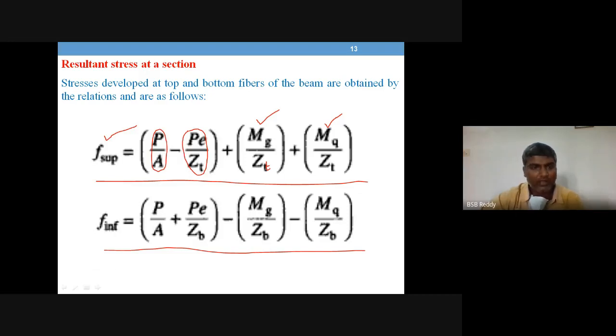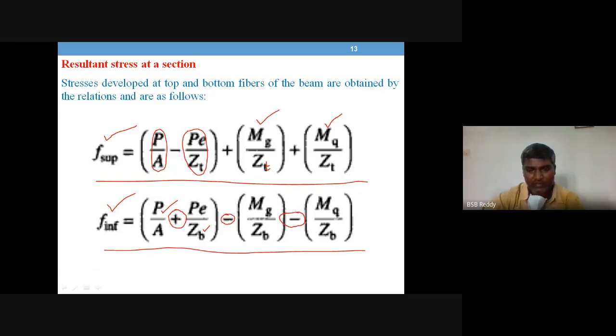This is the expression for stress at the bottommost fiber: P by A plus Pe by Zb minus Mg by Zb minus Mq by Zb. We have discussed in detail why this is plus and why this is minus.